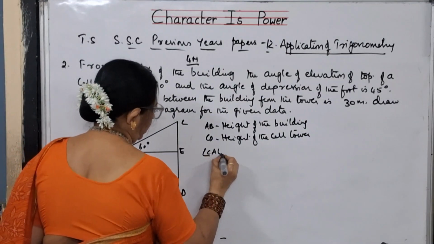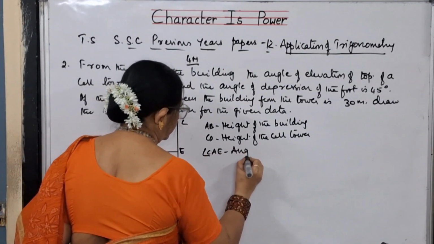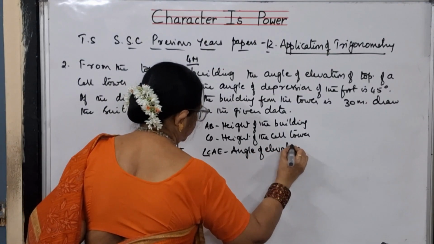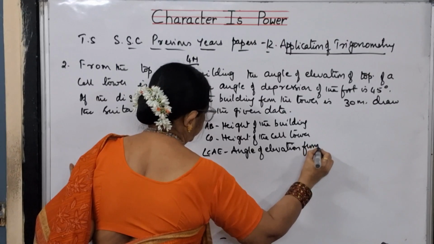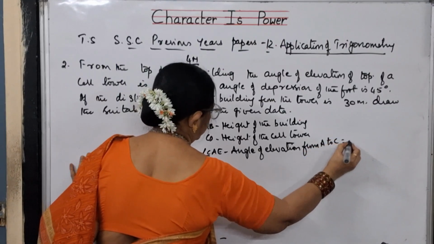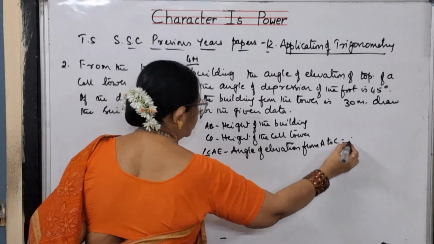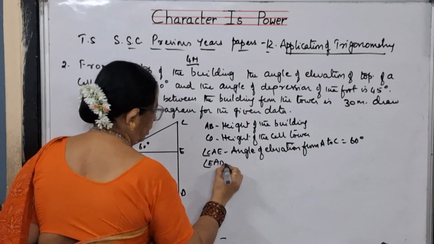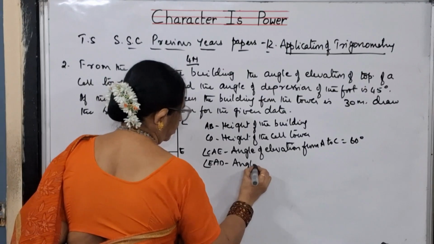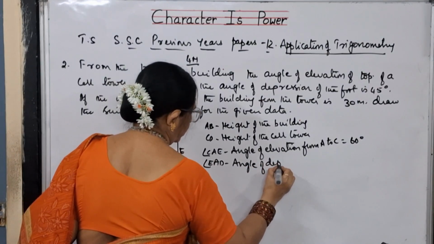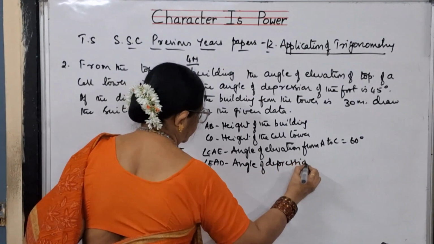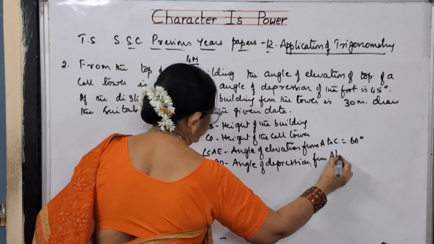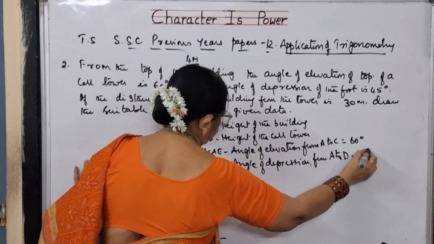Angle CAE, angle of elevation from A to C, that is how much they have given, 60 degrees. And angle EAD, angle of depression from A to D, 45 degrees.